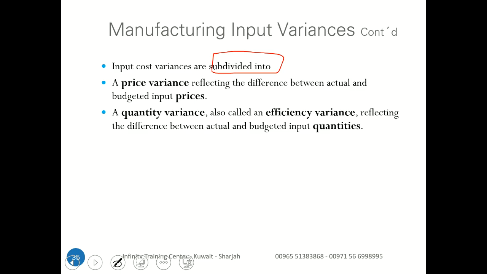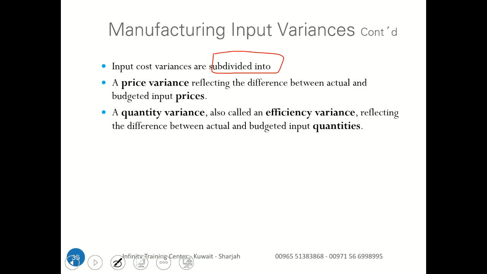Or we can say we have to find out why these variances happened. There can be 2 reasons for variances to happen. One is the price is different than we expected, or the quantity we used is more than what we are supposed to use. So you can have differences because of 2 things. One is price, the other one is quantity.